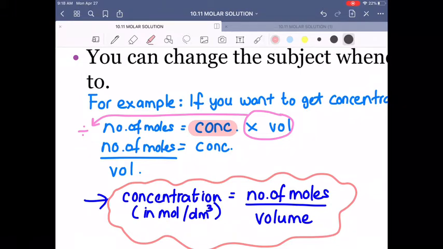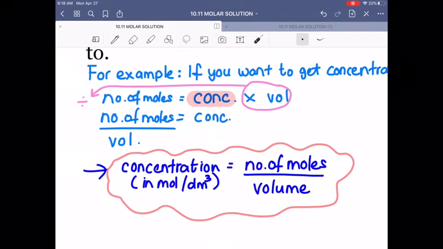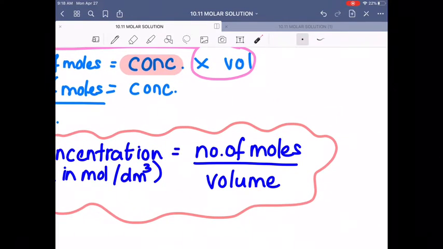Therefore concentration is equal to number of moles divided by volume. Make sure you know that concentration in this case is in mole per dm cube, equal to number of moles divided by volume. In this case the volume is in dm cube.